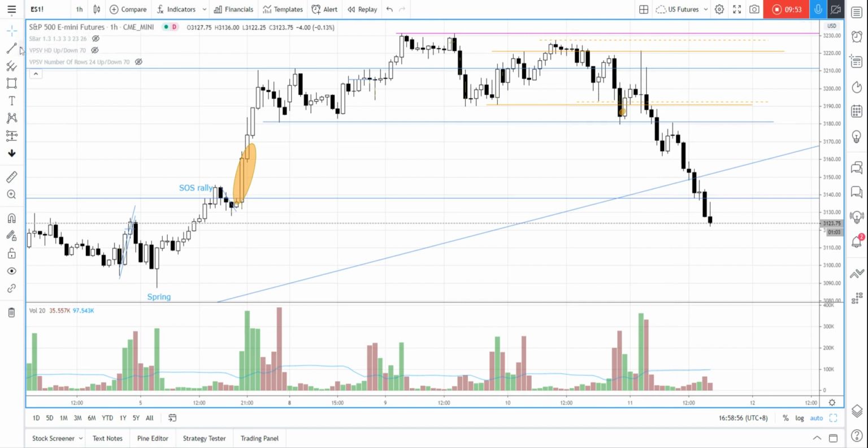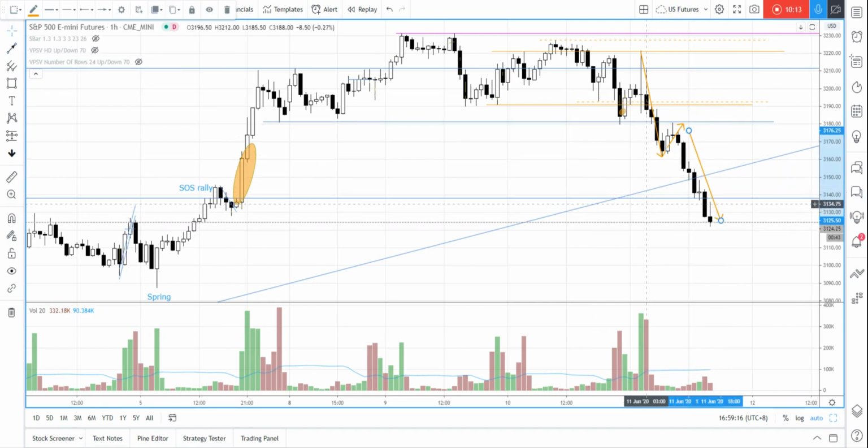Let me grab this. We have a sell down continuation in the Tokyo session, and then a small or weak rally up to test this support turned resistance, and then followed by another sell off here.